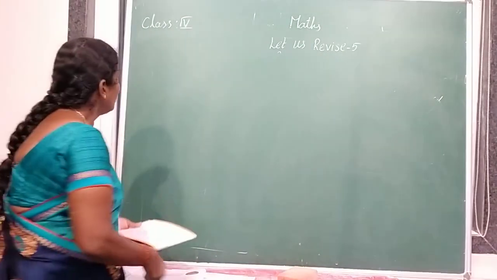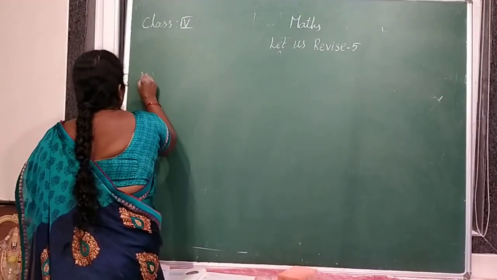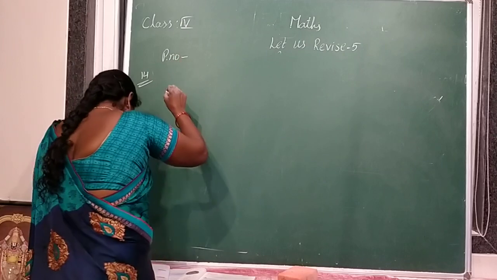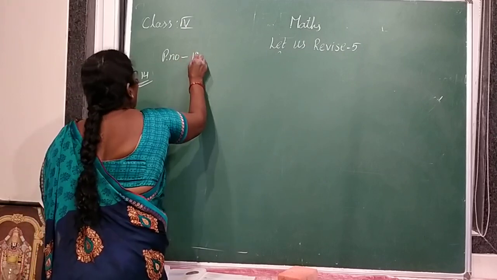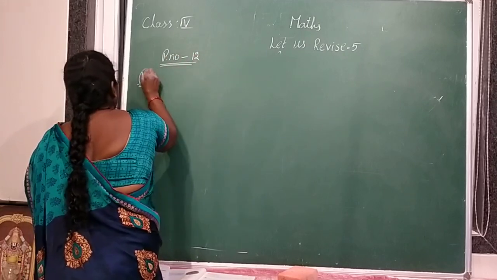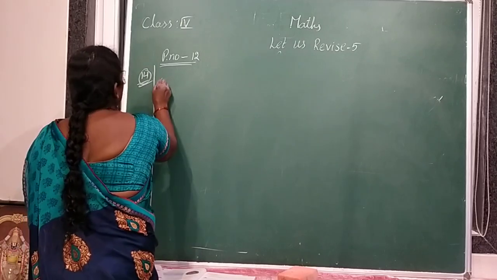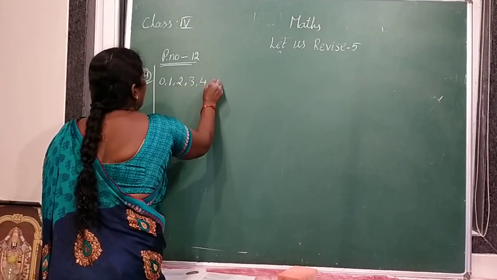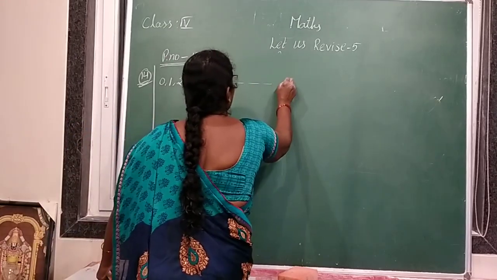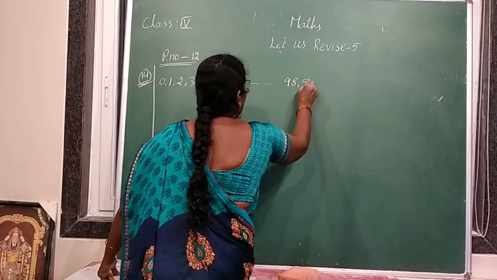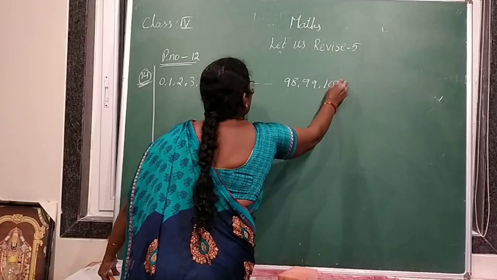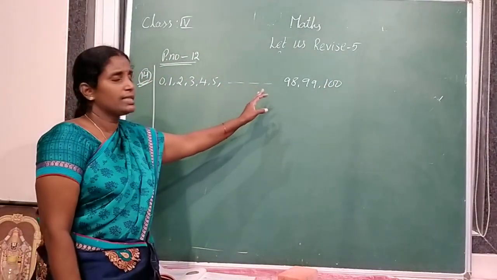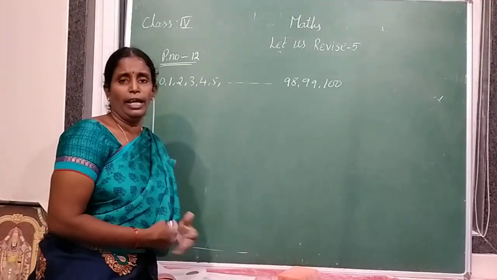So 0, 1, 2, 3, 4, 5 and so on, 98, 99, 100. All the numbers 0, 1, 2, 3, 4, 5, 6, 7, 8 and so on up to 100.